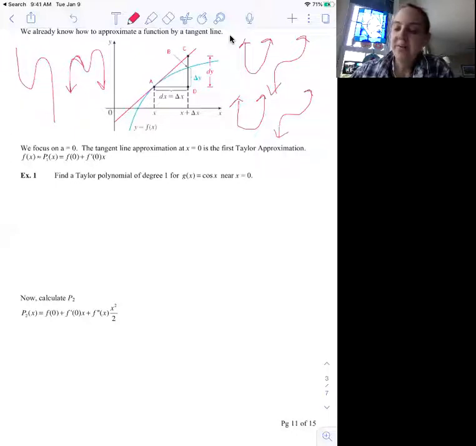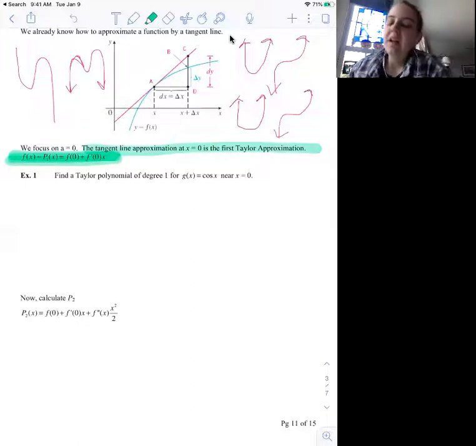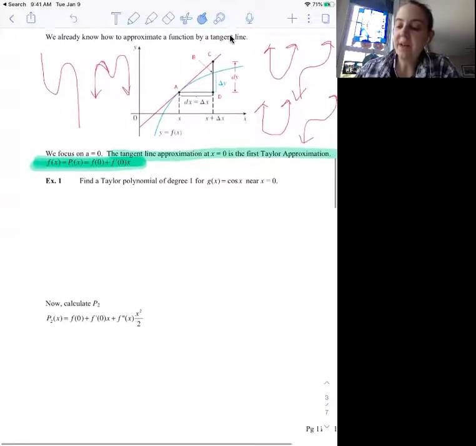So what I have for you is a definition. The tangent line approximation at x equals 0 is the first Taylor approximation. This last piece is my approximation. So the function is f of 0 plus f prime of 0 times x. It's really nothing more than the equation of a line.